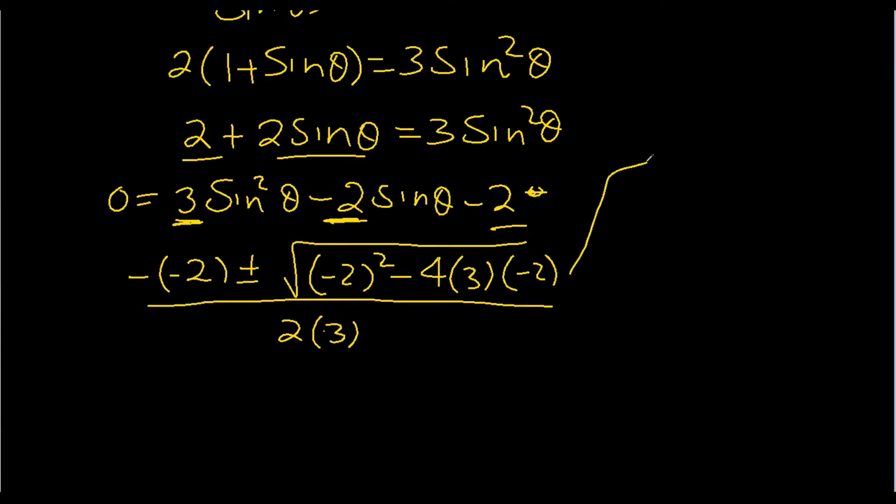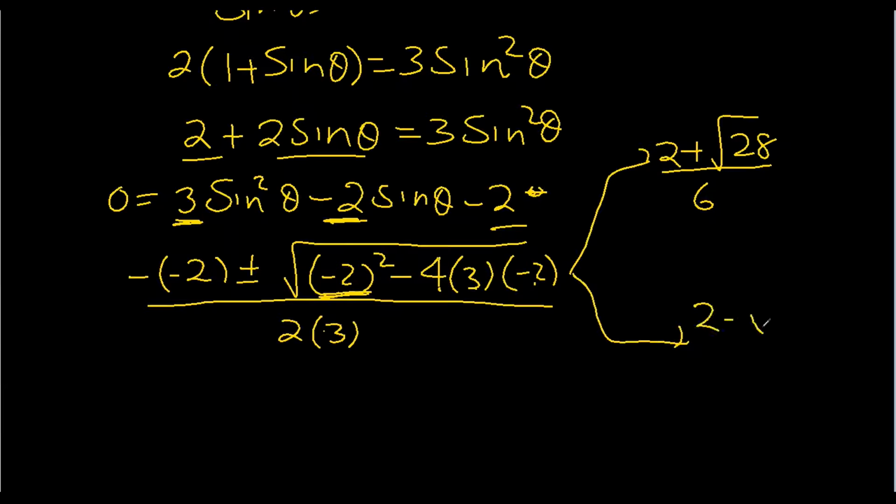Okay, so what do we get here? The first one, 2 plus, and this will be 4, positive 4, this will be 12 times 2, 24, plus 24. So 4 plus 24, 28, square root 28 over 6, and the second answer will be 2 minus square root 28 over 6.